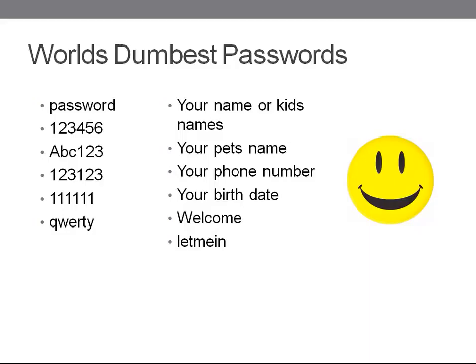You don't want to use those unless you're using some kind of algorithm like we talked about. Welcome is still a pretty popular dumb password, and let me in. Alright, so those are perfect examples of what you don't want to do, what you don't want to use.